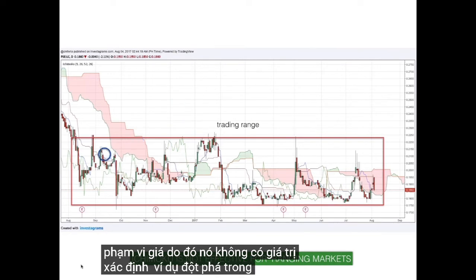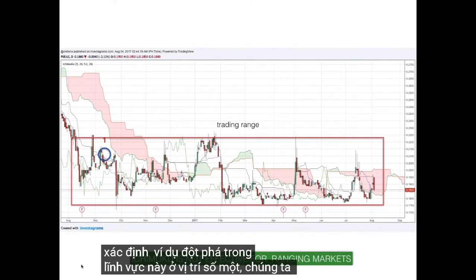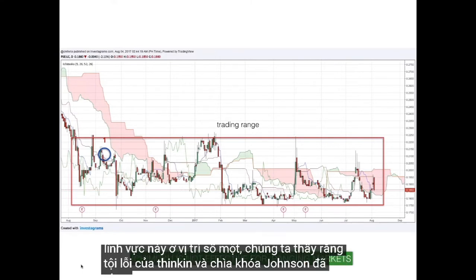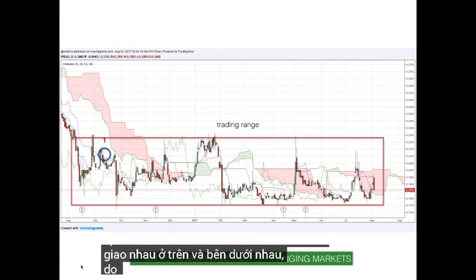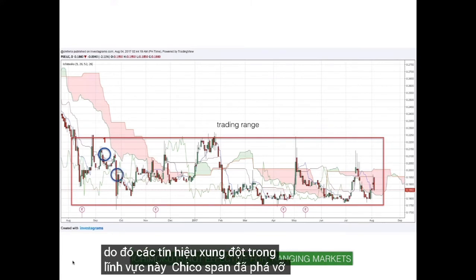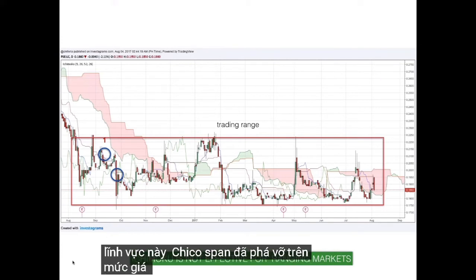For example, in this area, in number 1, we see that the Tenkan-sen and the Kijun-sen had been crossing above and below each other, therefore the signals are conflicting. In this area, the Chikou span broke above the price but failed to stay above it.